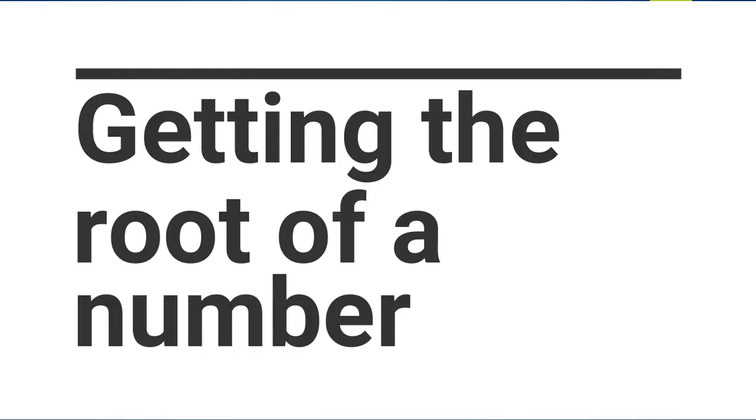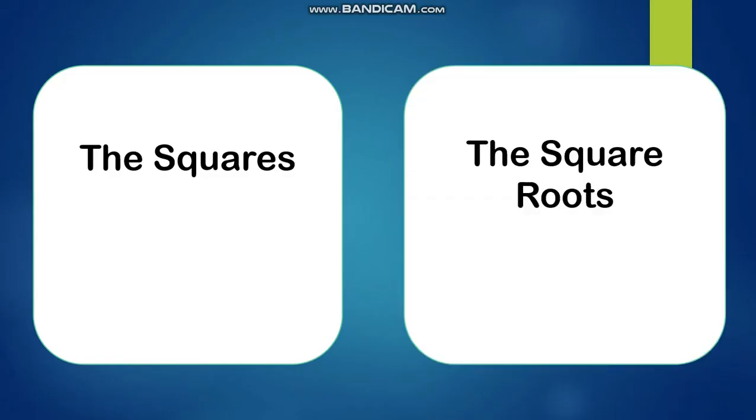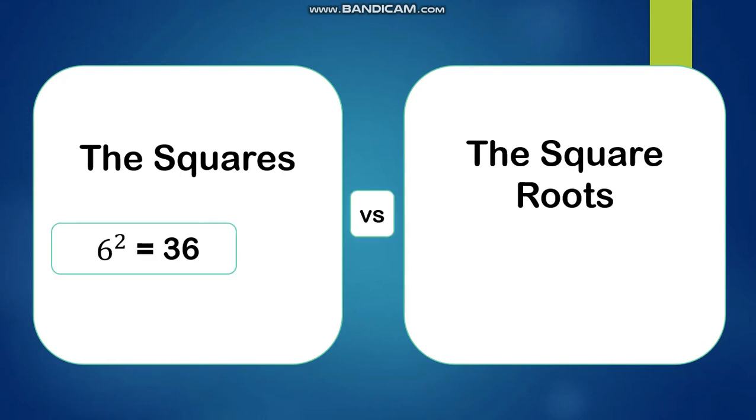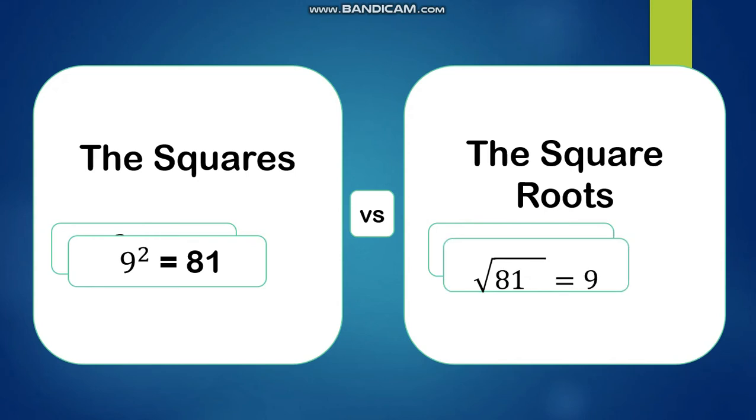Now let us compare the two ideas: squaring a number and finding the square roots of a number. Let's begin. 36 is a perfect square because the square root of 36 is 6. 81 is a perfect square because the square root of 81 is 9.